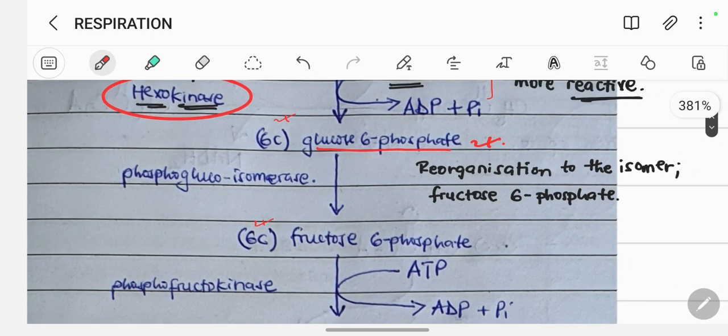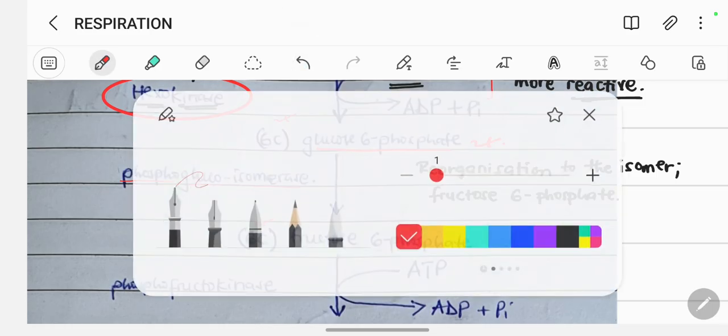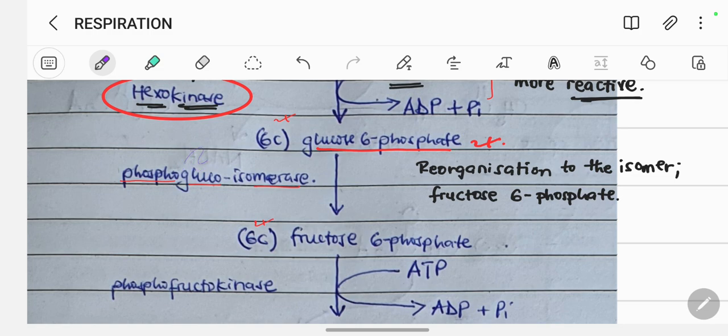So, which enzyme is responsible for this? It is phosphoglucoisomerase. Meaning, phosphor stands for the phosphate. Gluco, it's this glucose there.